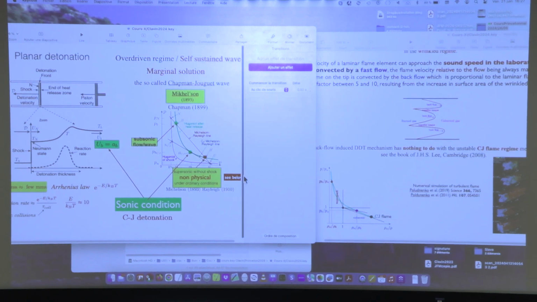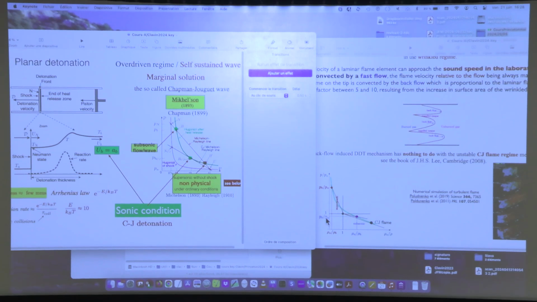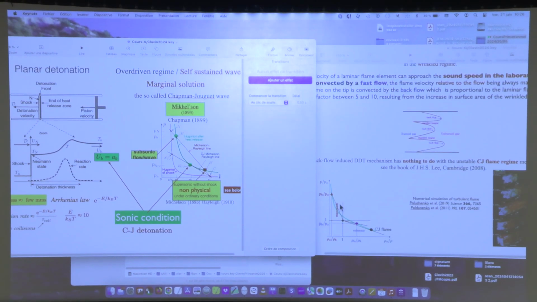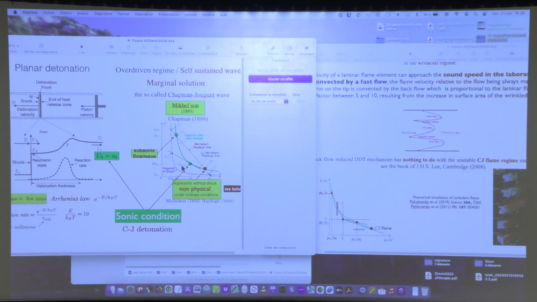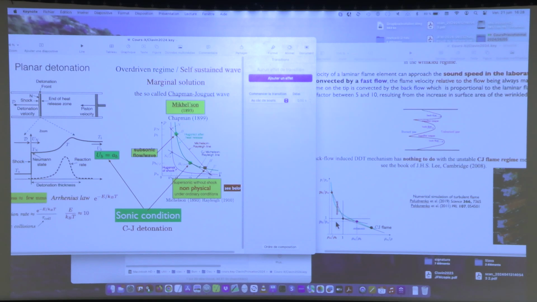It goes below, and now you can consider a Michelson-Rayleigh line like that, where now the pressure is decreasing. And this is a laminar flame. The problem is that this construction is no longer useful for a laminar flame because the pressure jump is negligible.